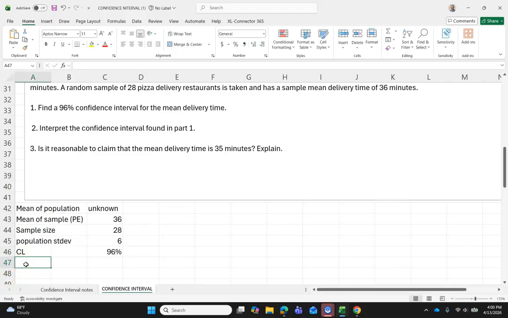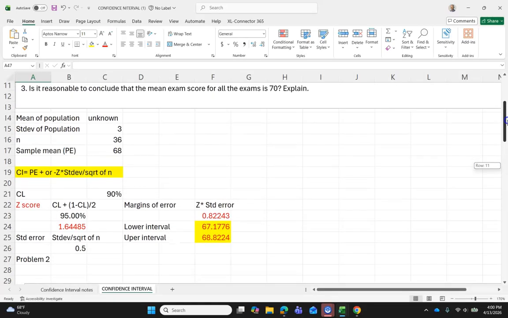So we have all the information that we need, and therefore we can find the z value just as we did in this section, and we're going to use that formula.